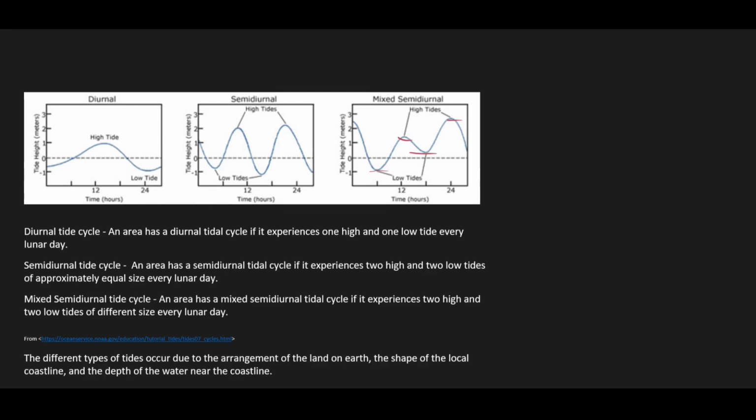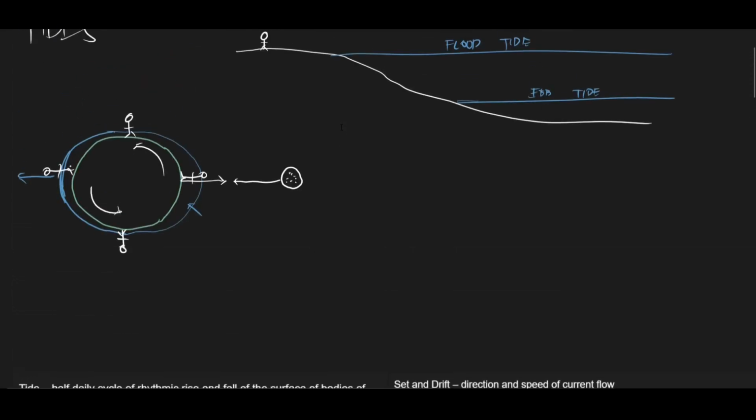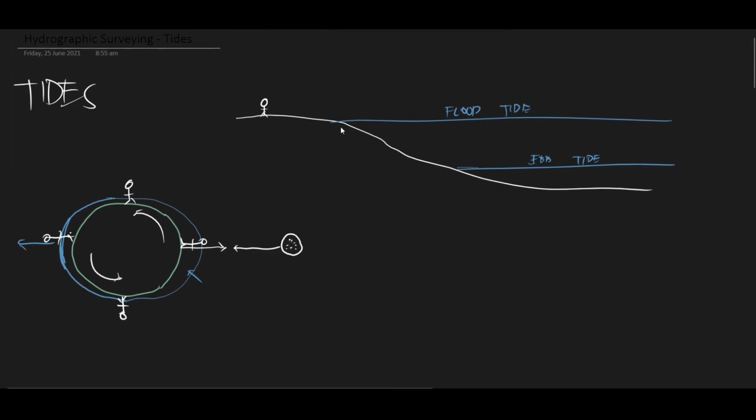Okay. Now there's also what we call the neap tide and also the spring tide. So let's go back to our figure. Okay, let's draw another representation here. So we have here the Earth and the Moon.